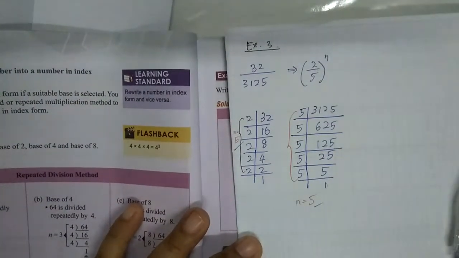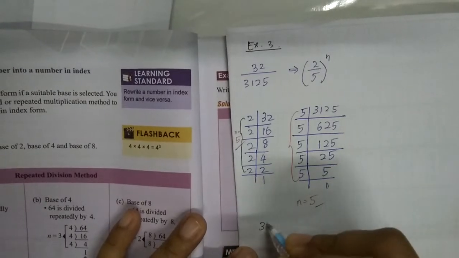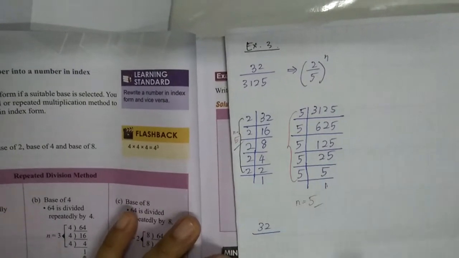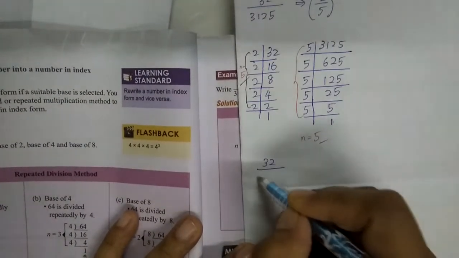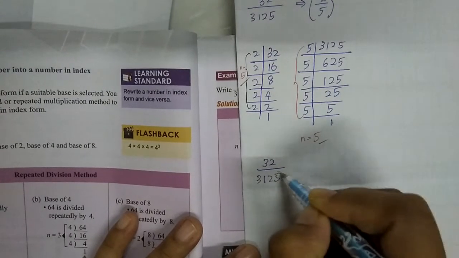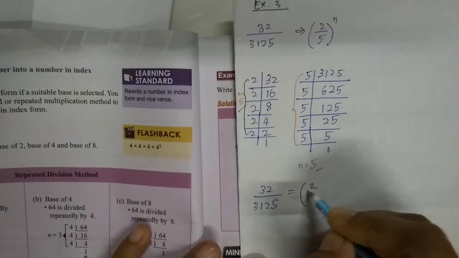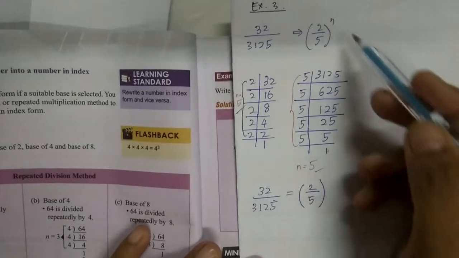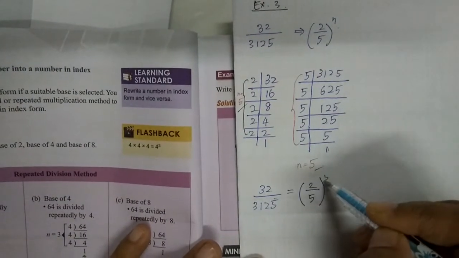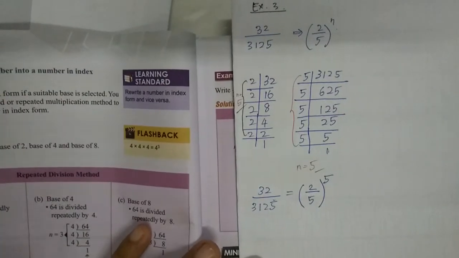So we can write 32 over 3125 equals, in brackets because it's a fraction, 2 over 5 to the power of n, which is 5.